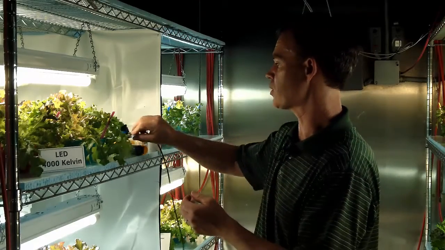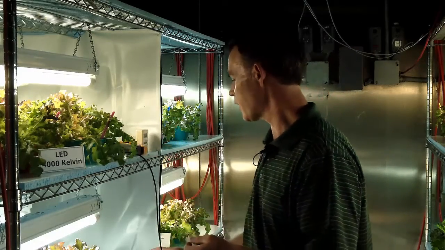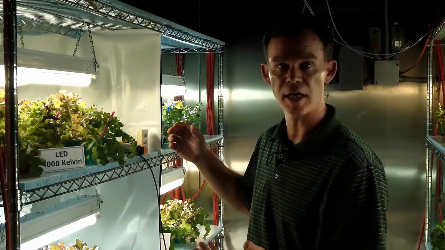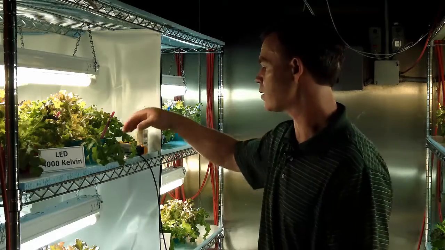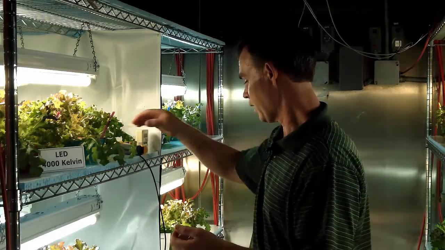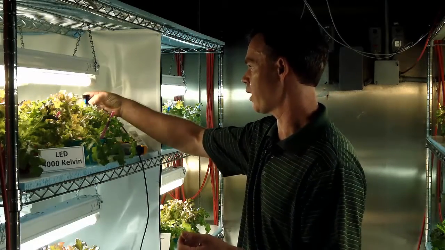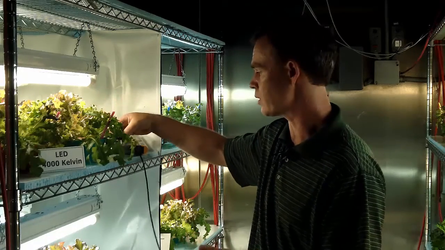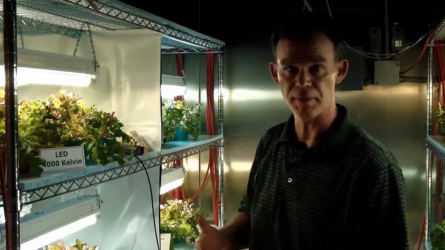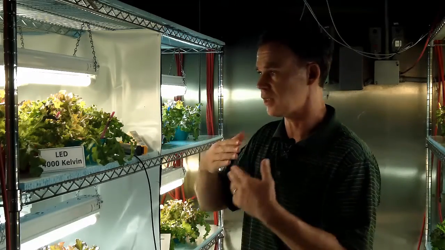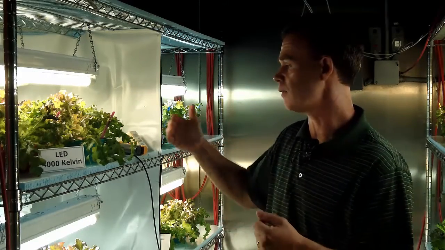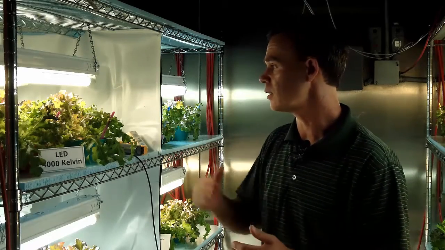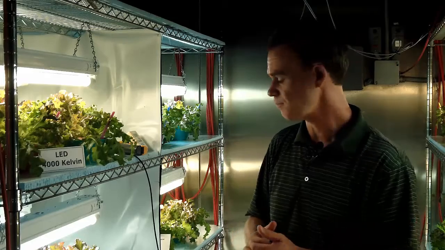So for example, if I put this over here on the side of the shelf, it's reading 13 micromoles per square meter per second. If I put it right underneath this light here, it's up to around 300 micromoles per square meter per second. So you can see there's a big distribution of light that very quickly decreases as we move away from the lamps.